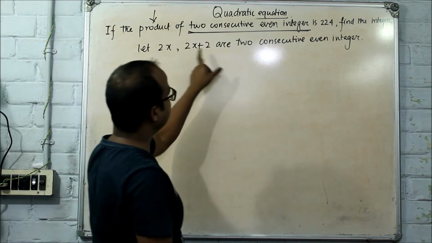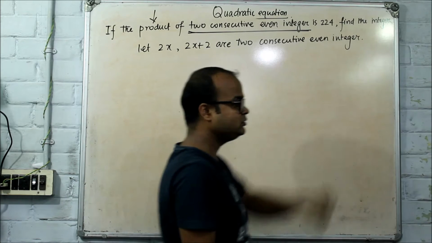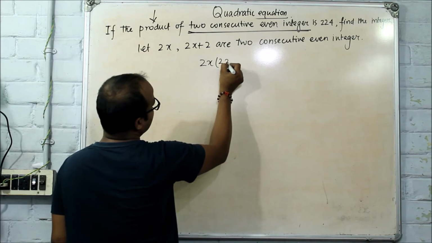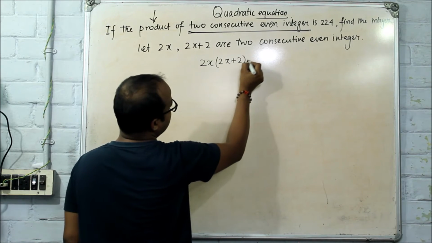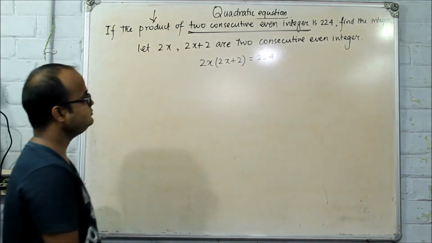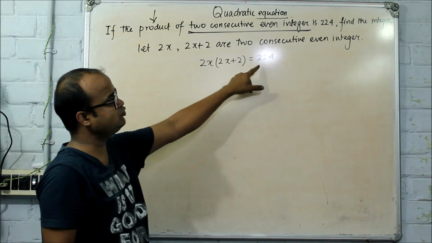The product of these two even integers is given as 224. So we can say 2x into 2x plus 2 is equal to 224.